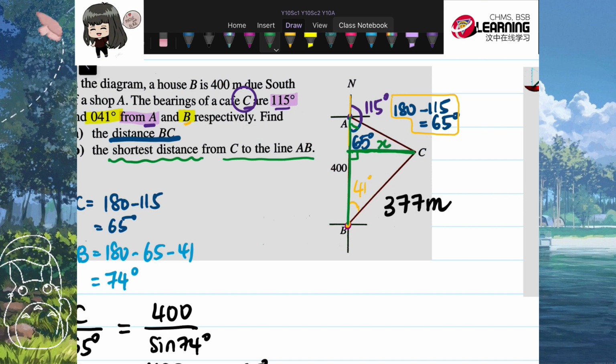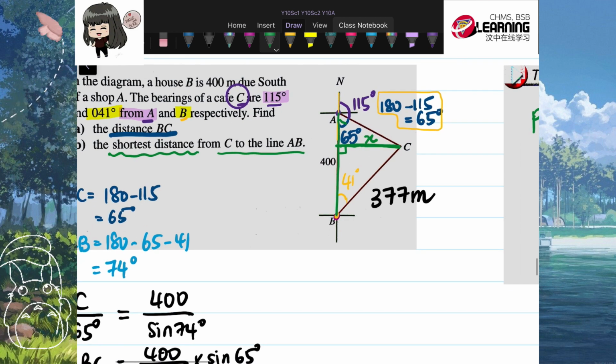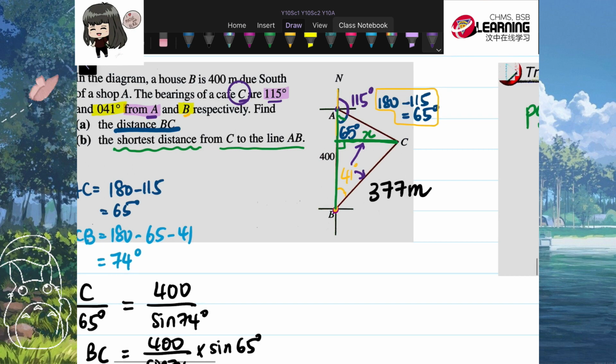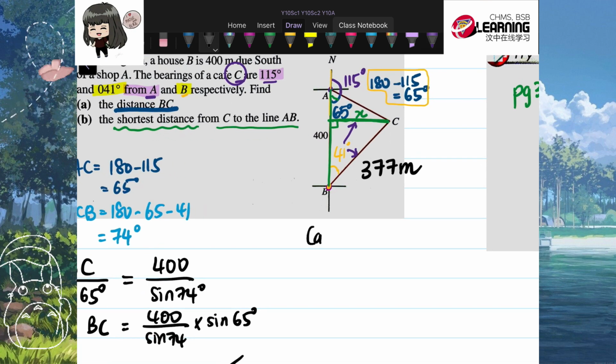I put an X here, so we have this triangle. In this triangle we can use SOHCAHTOA. We need to know the basic foundation of SOHCAHTOA. We have the opposite as X and the hypotenuse as 377. Then we use SOH, which is sine.